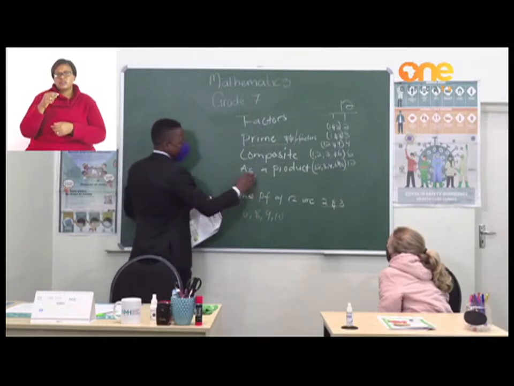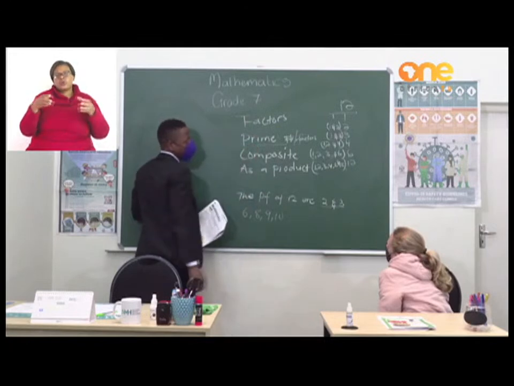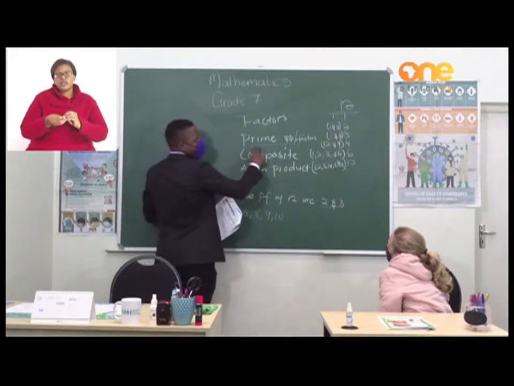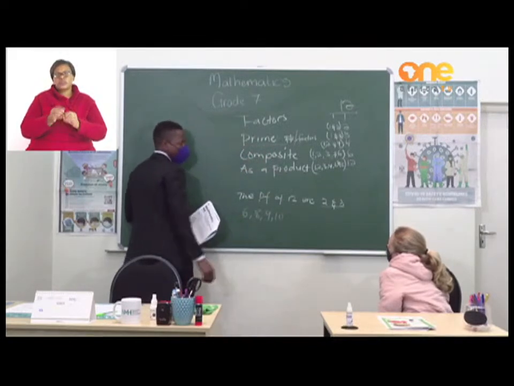So composite numbers are the opposite of prime numbers. Prime numbers have two factors. Composite numbers have more than two factors.